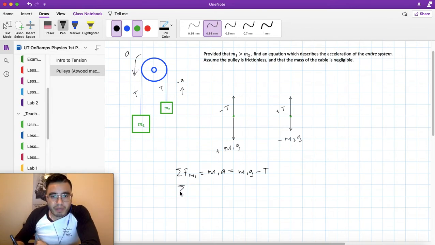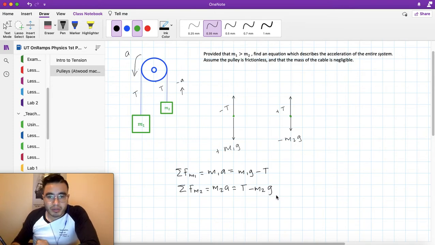Now let's do the same for the forces acting on mass 2. That'll be m2 times an acceleration, which will be equal to tension minus m2 times acceleration due to gravity. Now we know that the tensions are the same. We know the acceleration due to gravity. We don't know m1 or m2, and we don't know the acceleration. So we have a system of two equations with two unknowns, so we can solve it with algebra.